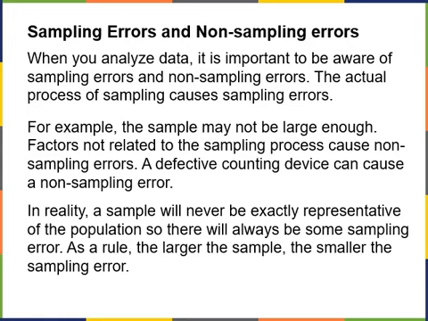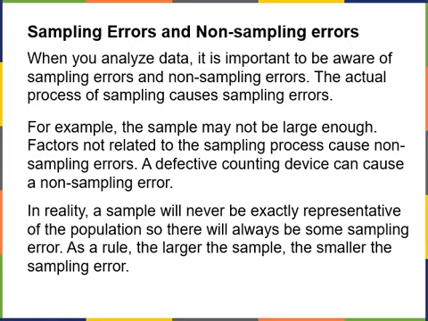It does happen sometimes. That defective counting device would cause a non-sampling error. It could give you an invalid result, and it's not because the ballots were incorrect. It's because the machine didn't count them correctly. It happened in the presidential election of 2020 in a couple of cases, and they had to go back and recount the ballots because of a defective counting machine.